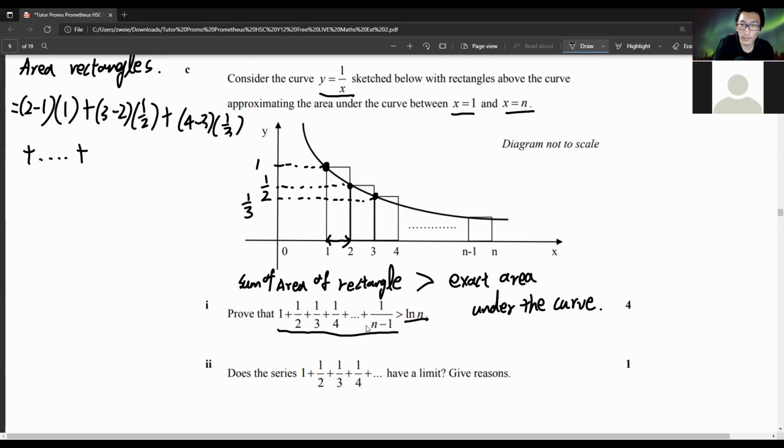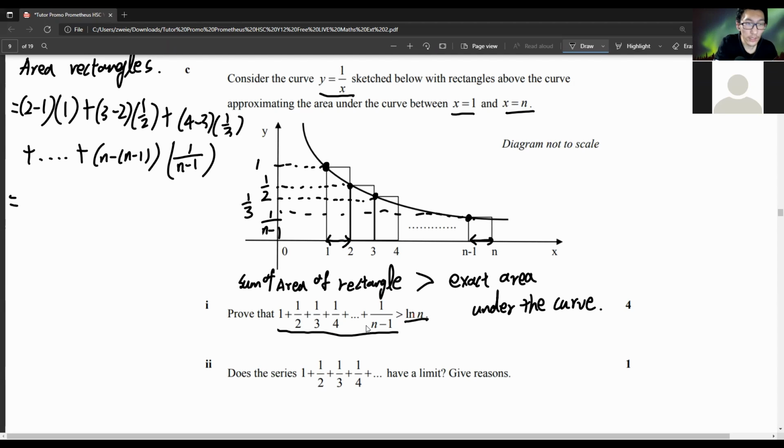my n minus 1, this region. So n minus 1 times the height. The height over here, going down the list, I will write here, 1 on n minus 1, because we have y equals 1 on x. So 1 on n minus 1, that's what we have.